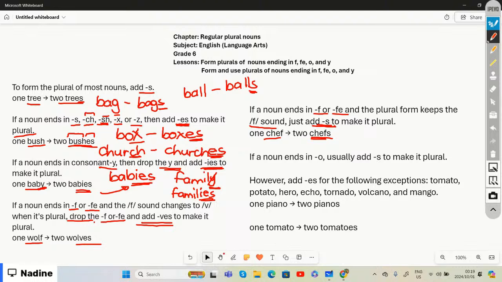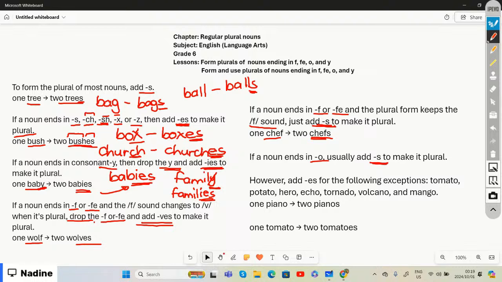All right. And then lastly, if a noun ends in o, like tomato, potato, tornado. So if a noun ends in o, then usually all we have to do is add an s to make it plural.